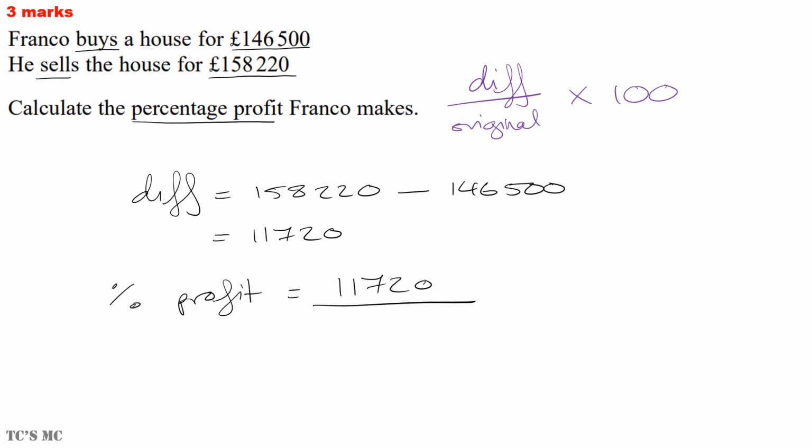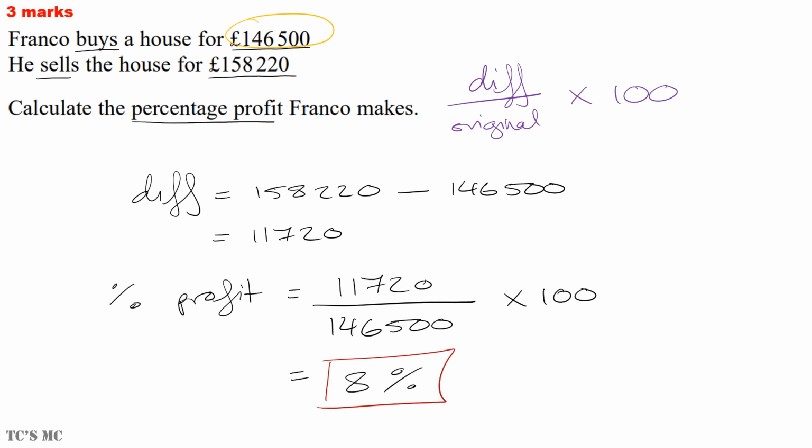The original is how much he bought it for, so we need to divide by 146,500 and then multiply all of that by 100. We now have our second mark. The answer is then 8%, and that is our third mark.